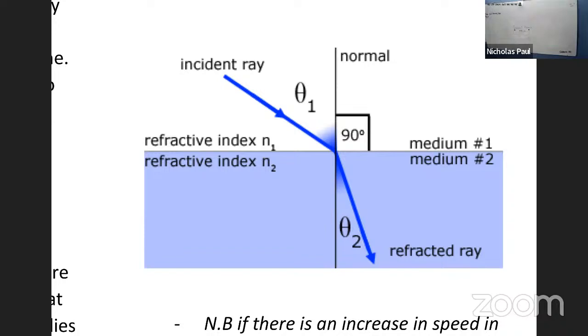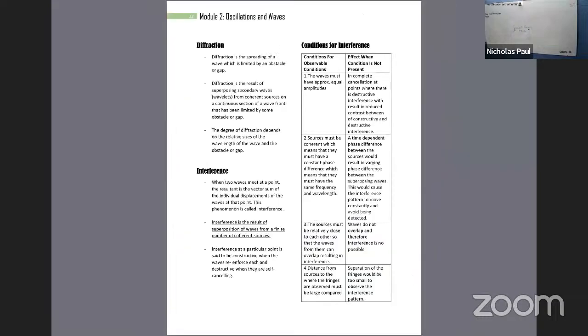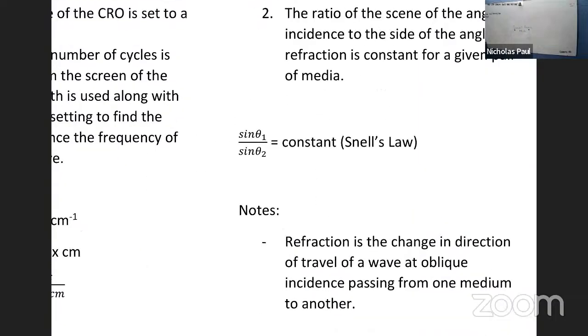As it goes through a more dense medium, what is happening? Why? Because it slows down, so it slows down and bends towards the normal. And the relationship that summarizes refraction is Snell's law.